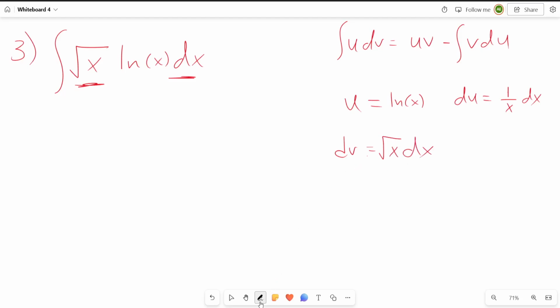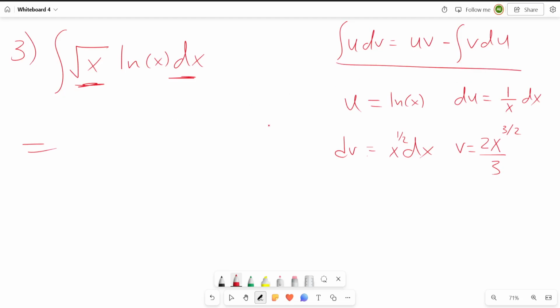Or I can write root x as x power 1 over 2. This makes my v the integration of x power half, which is going to be add 1 to the power. So 1 half plus 1 is 3 over 2. Divide by the new power. Dividing by 3 over 2 is the same as multiplying by 2 over 3. So this is my v over here. Now let's use this equation.